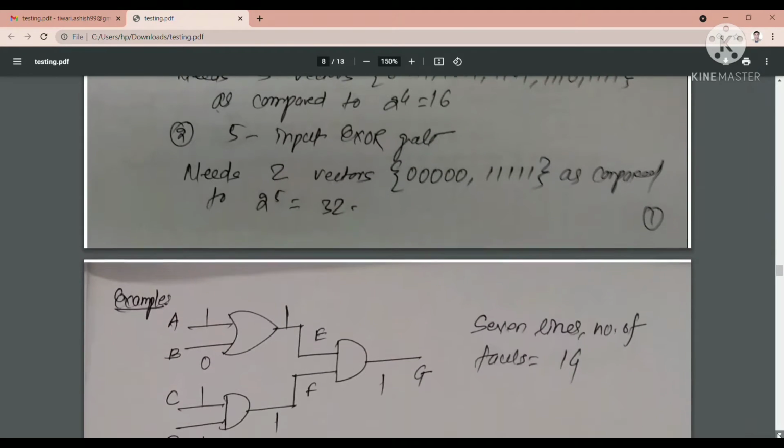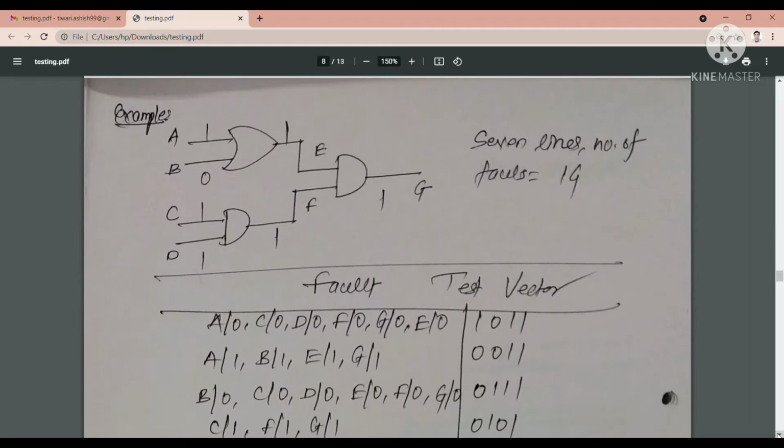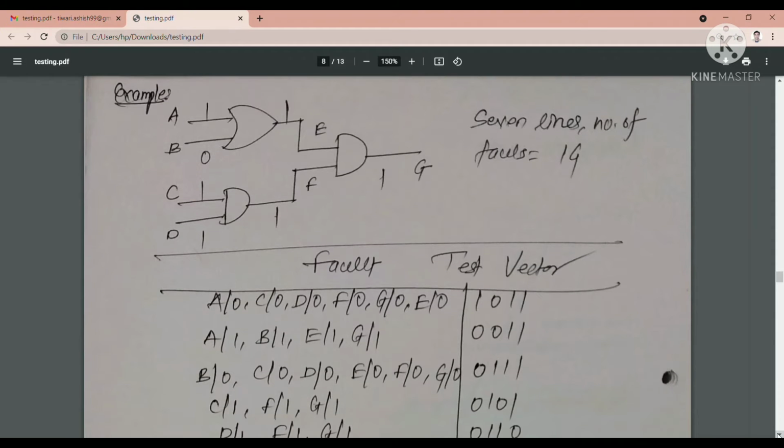Now see here, this is just an example, since we are going into the test pattern generation topic. Before that, I am explaining one example over here. This is one OR gate, AND gate, and AND gate. How many lines are there? Let us count. 1, 2, 3, 4, 5, 6, 7. 7 lines are there.